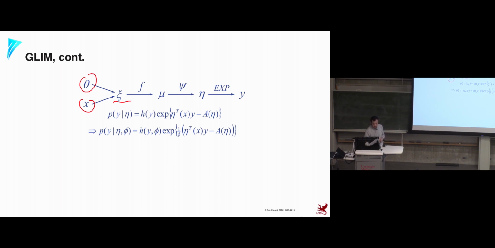And then they are going to be turned into the mean parameters of the conditional of the output using a response function f. Okay? And the mean parameters and the canonical parameters are related by a psi function.